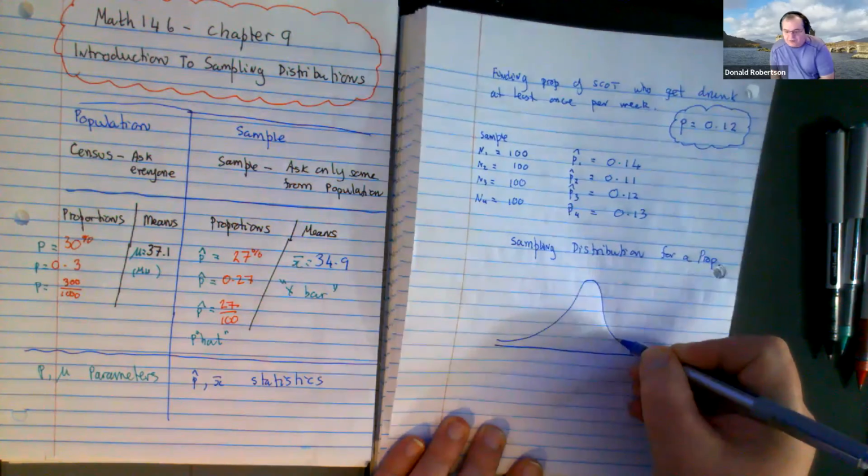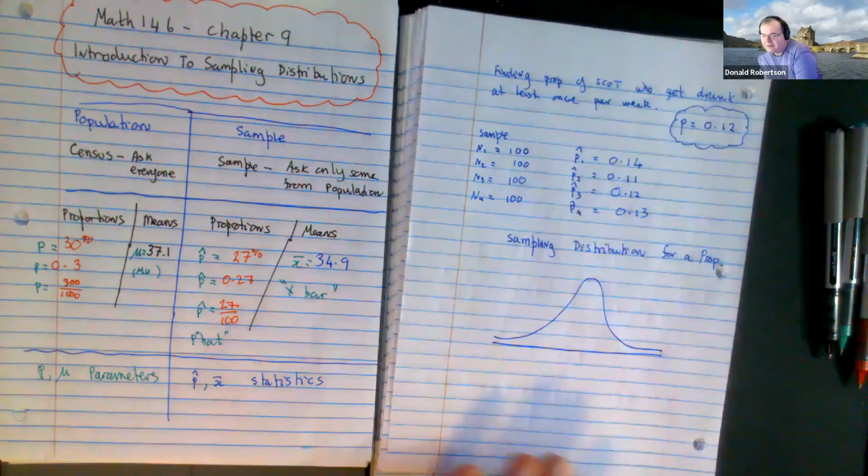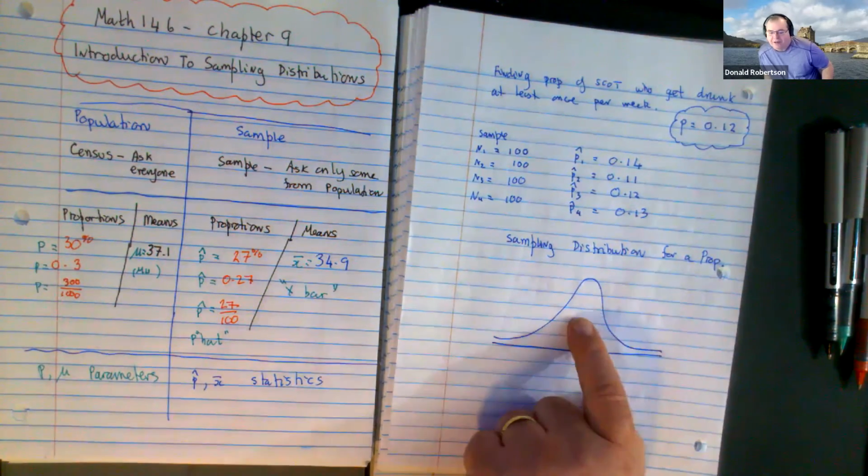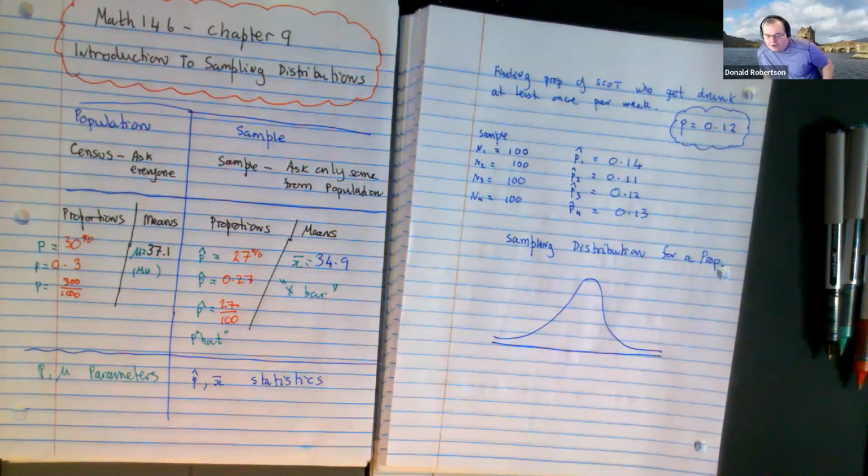Have you seen data that looks like this? Yeah. In fact, isn't that a normal distribution? And this is called the sampling distribution, because the numbers in it came from samples.